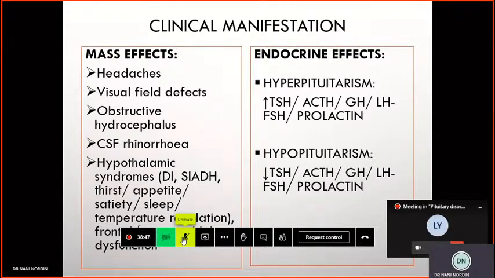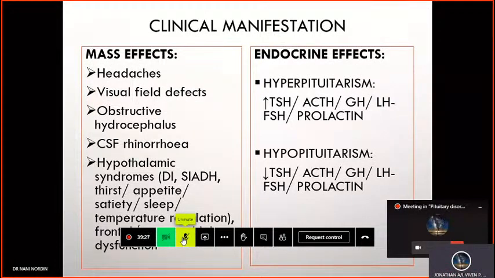All right. CSF rhinorrhea, how does that occur? Anatomically, how is it related? Maybe the pituitary tumor got too big and it punctured the sellar diaphragma, which is superior to the pituitary gland.